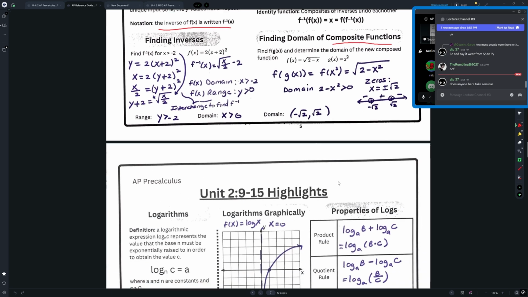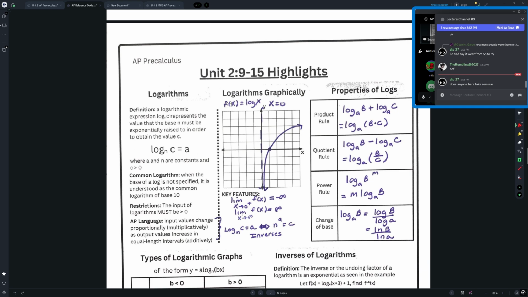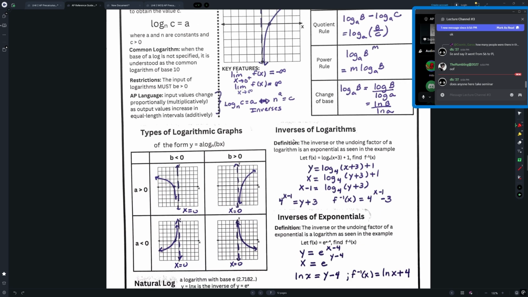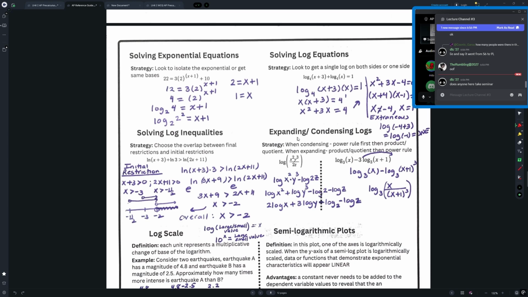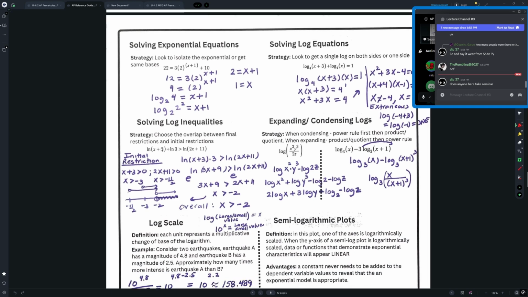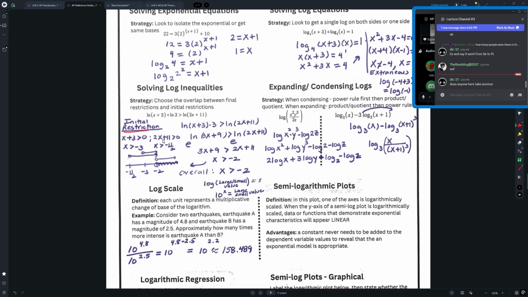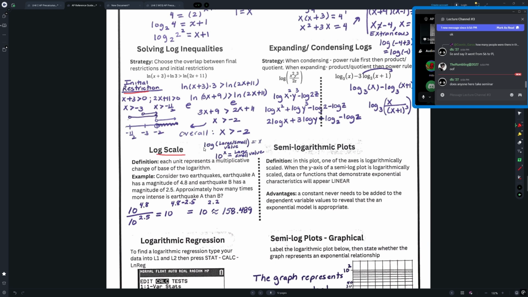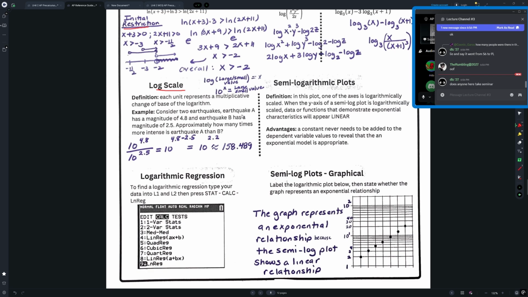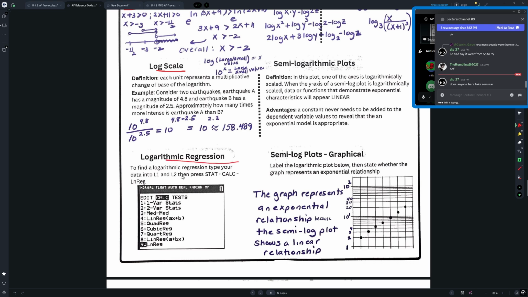Like in this example. 2.15 is logs. It shows all the log formulas. It says expanding, condensing. It shows sign charts, initial restrictions, log scales, semi-log plots, and if you want to do logarithmic regressions, you use the calc section.